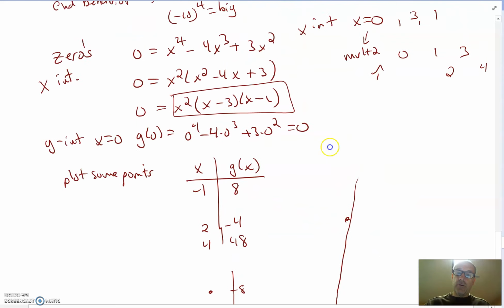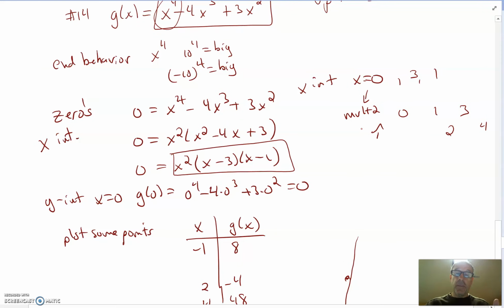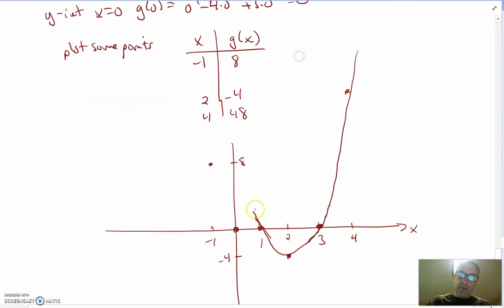The 0 has multiplicity 2, so it bounces. It's going to come here, bounce, and go up like this. You see that little bounce right there? It looks like a little parabola, because that came from x squared. So this is a lot. Pause, review it, and so forth.